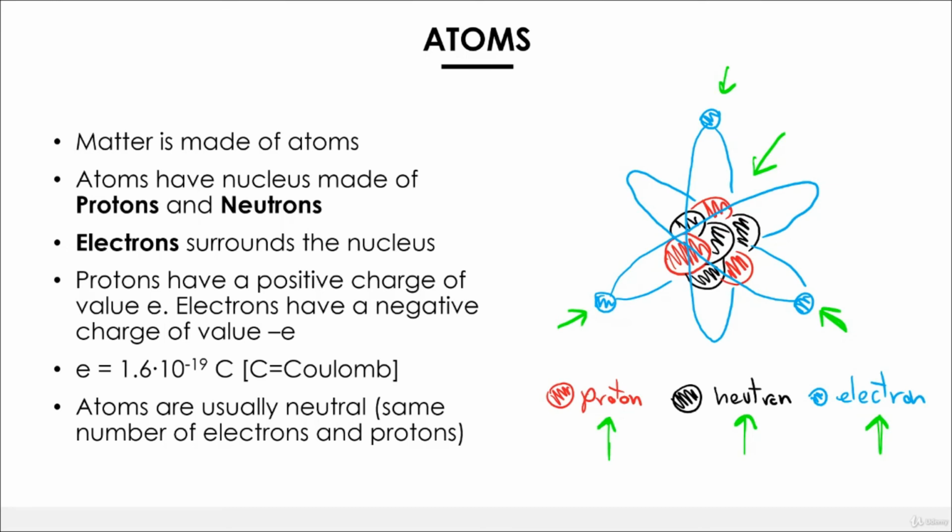Protons have a positive charge of value e, while electrons have a negative charge of value minus e. Neutrons have no charge. e is equal to 1.6 multiplied by 10 to the power of minus 19 Coulomb, where Coulomb is the unit of measurement of the charge. Atoms are usually neutral, which means that they have the same number of electrons and protons.